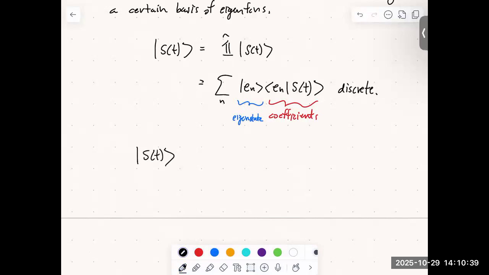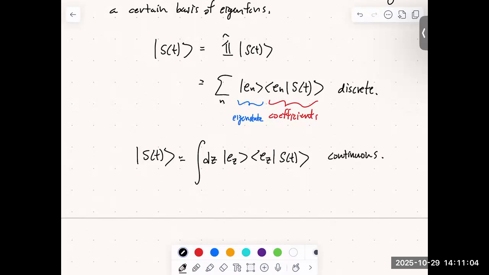So here are the coefficients, and this is our eigenstate. If, on the other hand, I had a continuous set of states, then we could just do the same thing. We would have our integral with respect to z, position or momentum, and we would have our eigenfunctions, and then we'd multiply by our general state. And so this is in the continuous case.